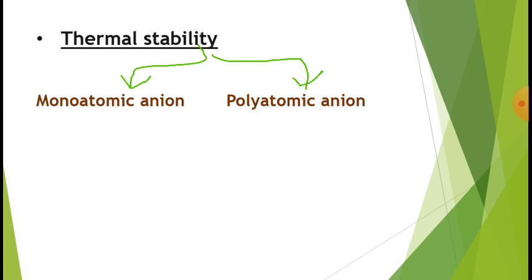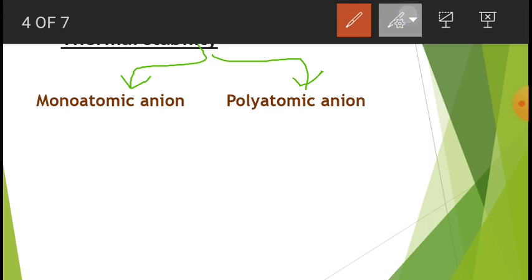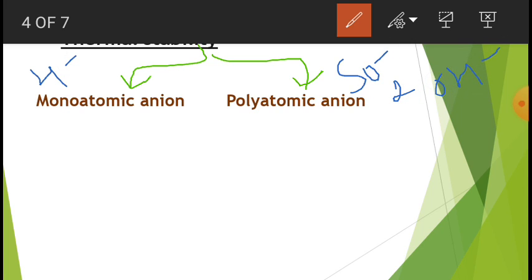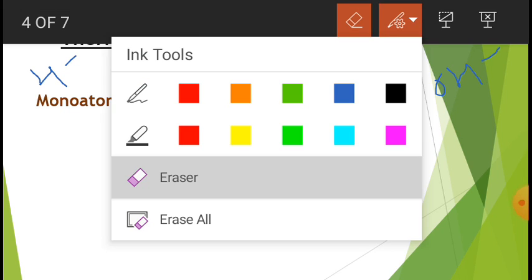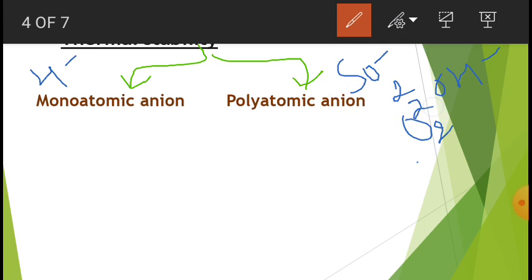For example, monoatomic anions are H negative, and polyatomic ions are like SO4 2 negative, OH negative, O2 2 negative. Okay, now we will discuss one by one.